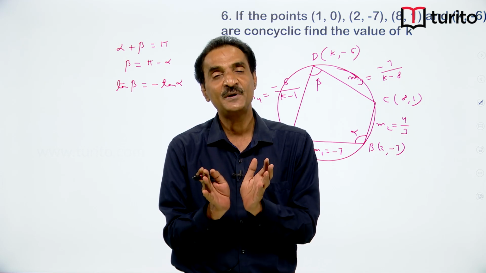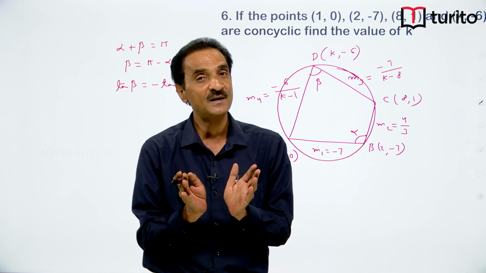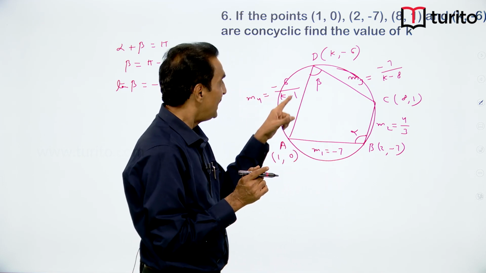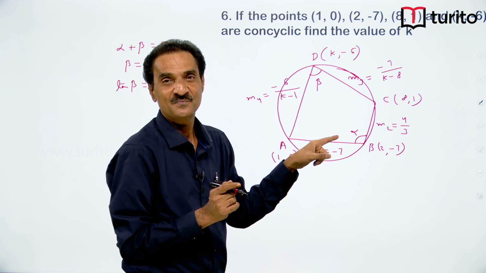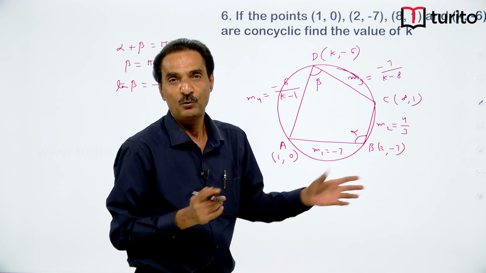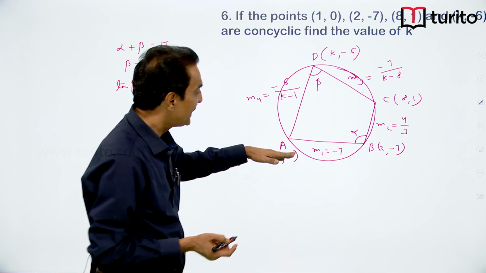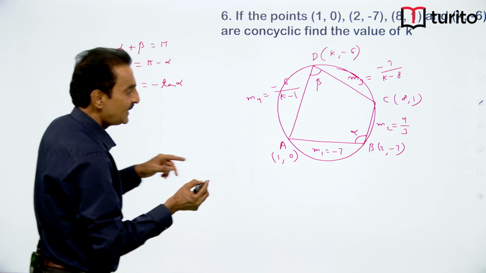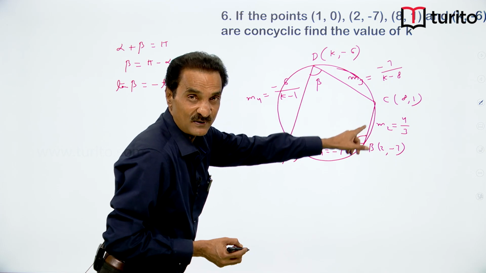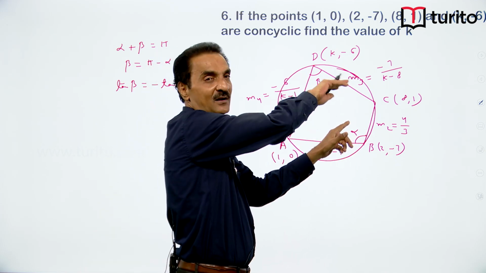The acute angle between two straight lines is given by tan theta is equal to mod m1 minus m2 by 1 plus m1 m2. But here one angle is acute, the other angle is obtuse, definitely. Otherwise, the sum cannot be pi. If both are acute, the sum cannot be pi. So, for tan alpha, you take m1 minus m2 by 1 plus m1 m2 without mod, and you have to follow the same cyclic order.